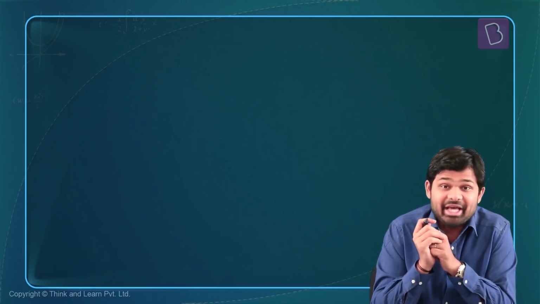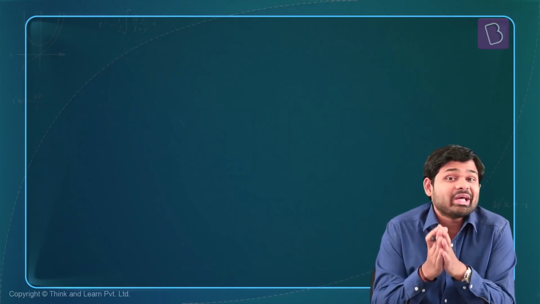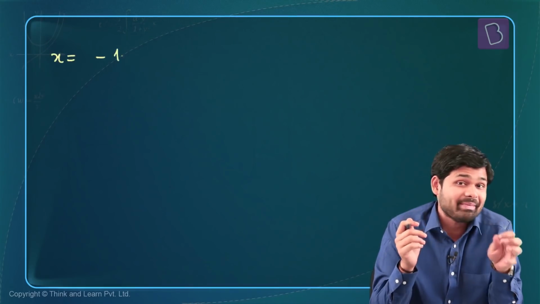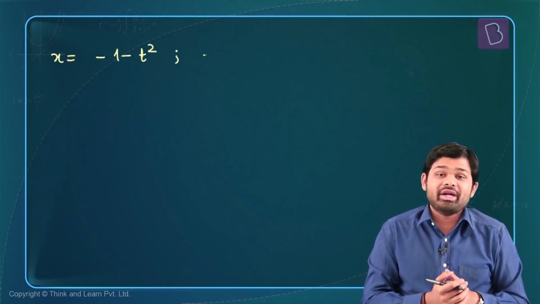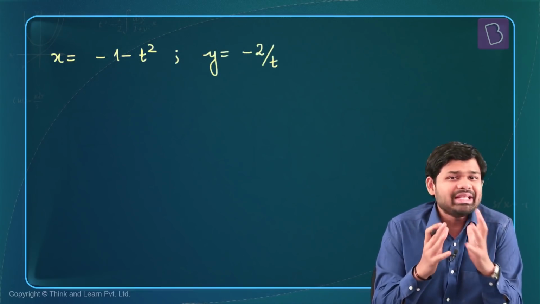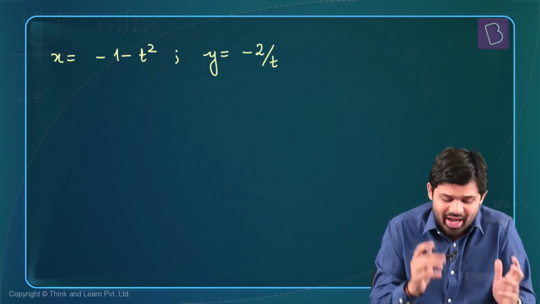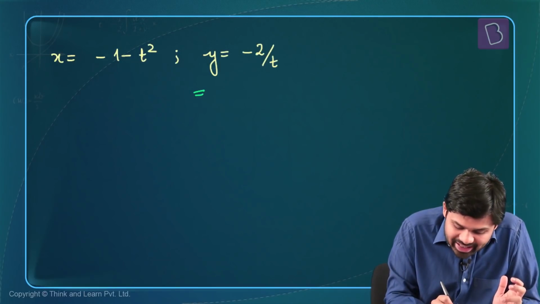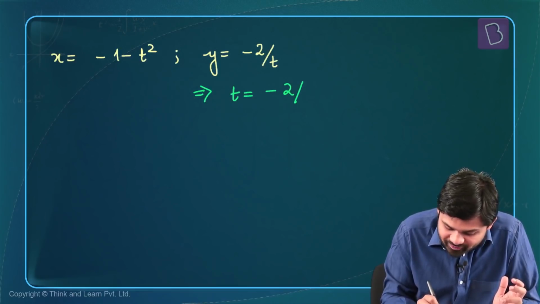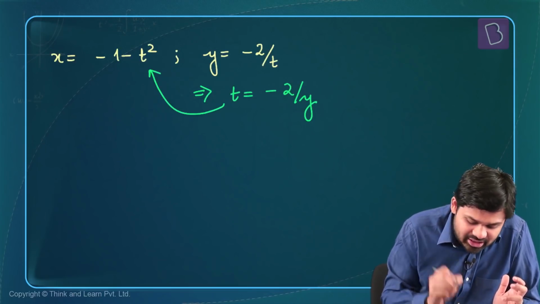Nothing very fancy there. So from there, if you simplify, you get the value of the x coordinate of point R to be equal to negative of 1 minus t square, and the y coordinate to be equal to negative of 2 over t. So now we need the locus in terms of x and y. So from the second equation, I can easily write t to be equal to negative 2 over y, and I will substitute that in this first equation.